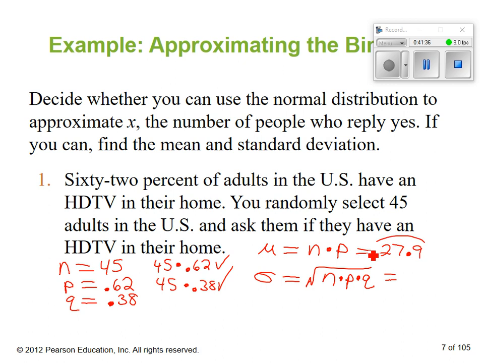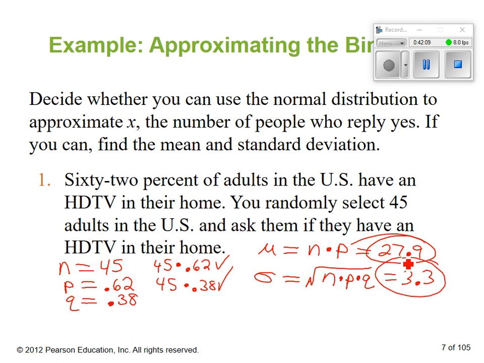So that's our mean. What's our standard deviation? Take n times p times q, and let's take the square root of that. 3.25. We'll say 3.3. Anybody else get that? Those are the two answers that they wanted this time.